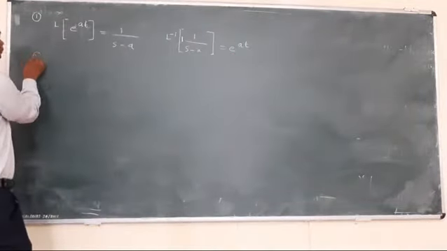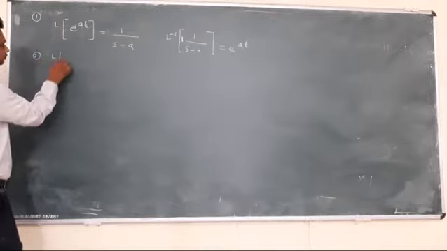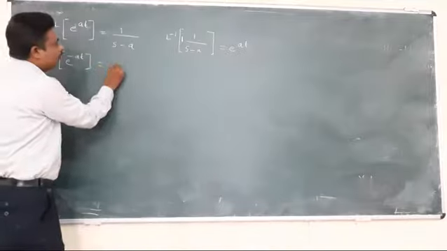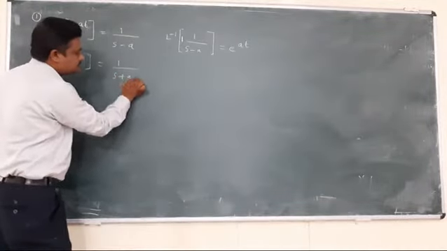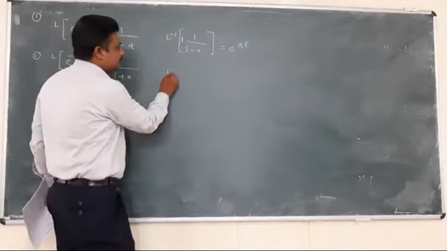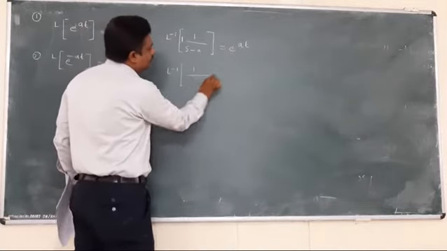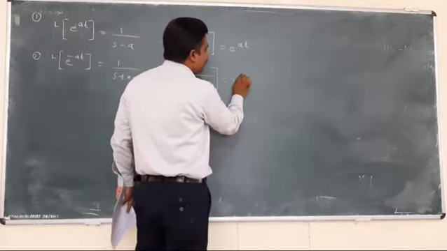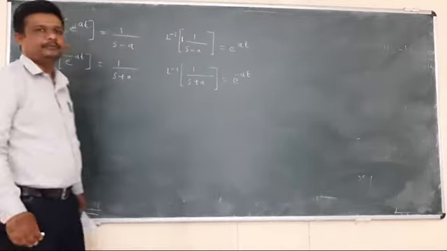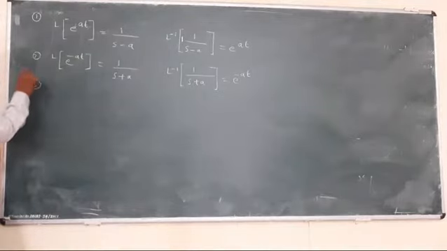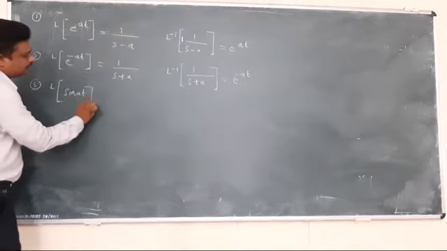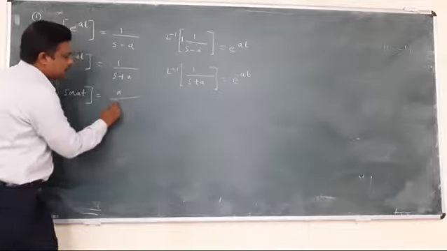Second formula: L of e to the power of minus at is equal to 1 upon s plus a. So it implies L inverse of 1 upon s plus a is equal to e to the power of minus at.